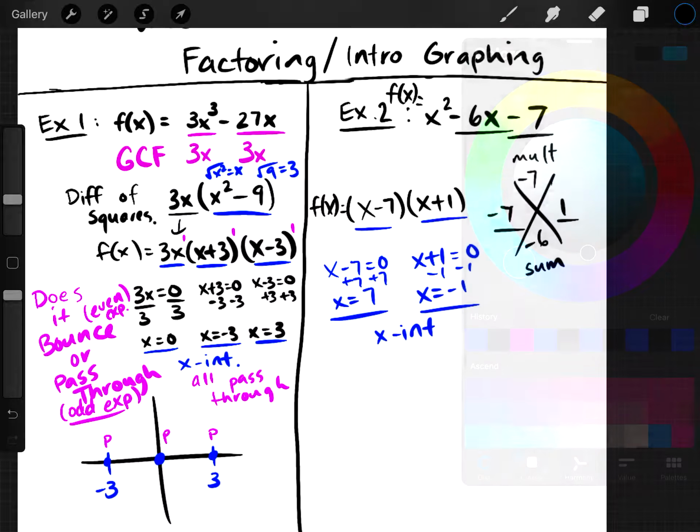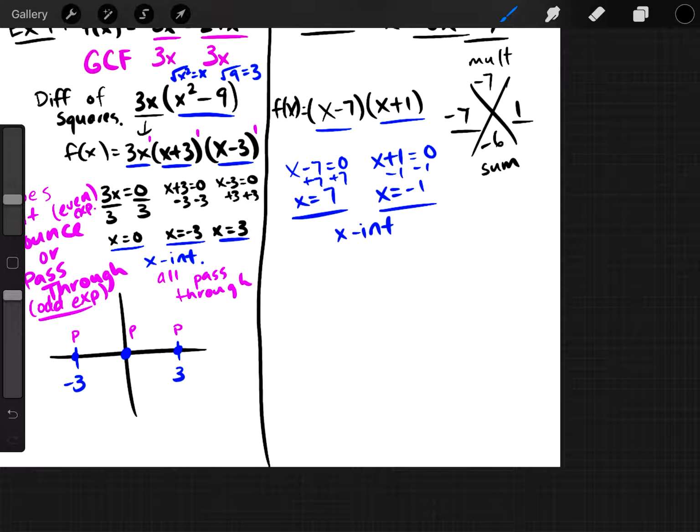So again, if we were looking at a graph, we could go over here and say, oh, I know that at 7 and at -1, I have x-intercepts. So we automatically get those 2 points right there. The second thing, figure out if they bounce or if they pass through.